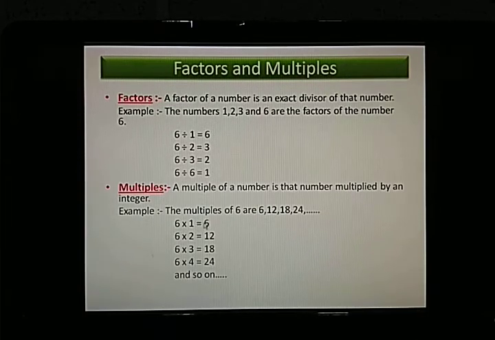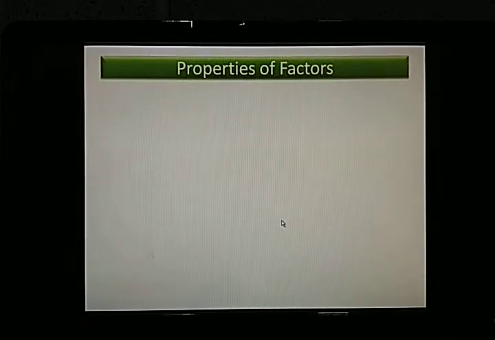So whatever answers we get after multiplying that number with the integers, that is the natural numbers also we can say, these are called the multiples of that number. Which number? These are the multiples of 6. Clear?